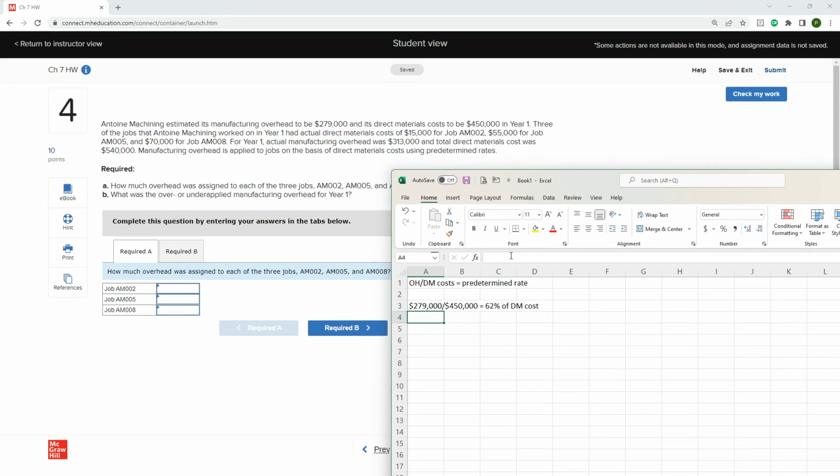We have job AM002, job AM005, and 008. For our DM costs, $15,000, $55,000, and $70,000. Our rate is 62%, which is the same thing as 0.62.